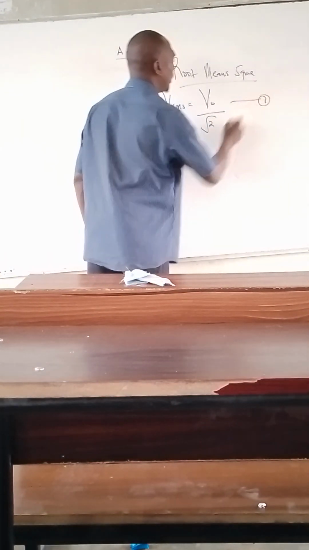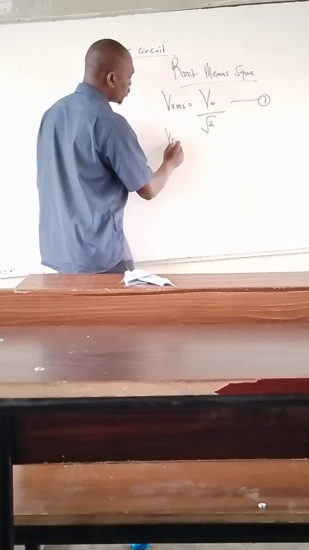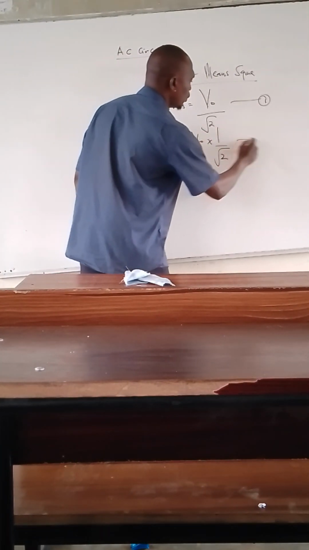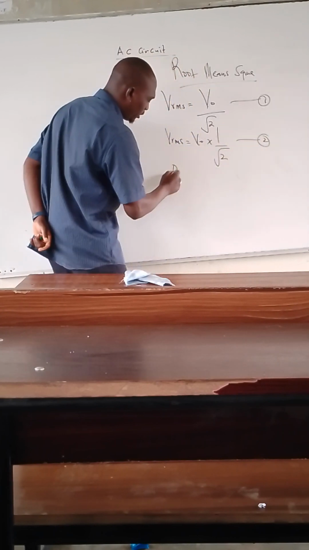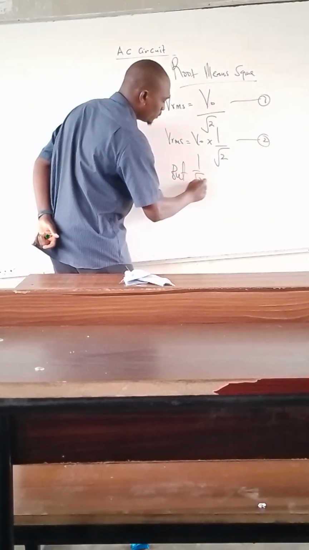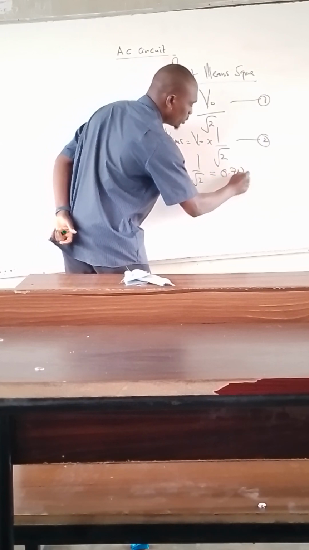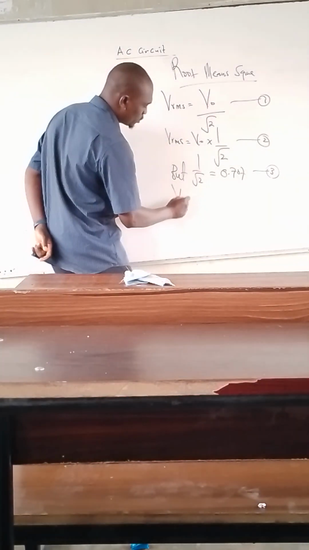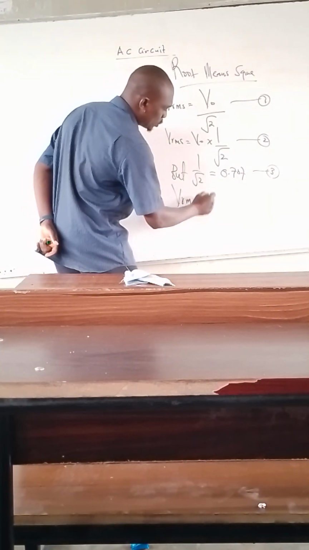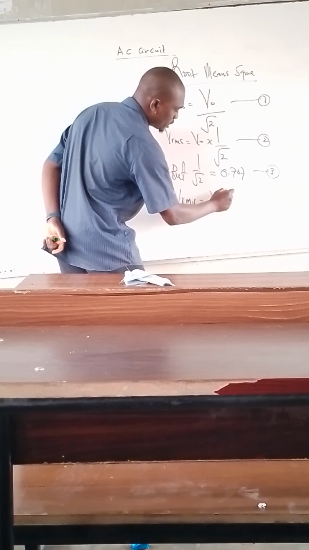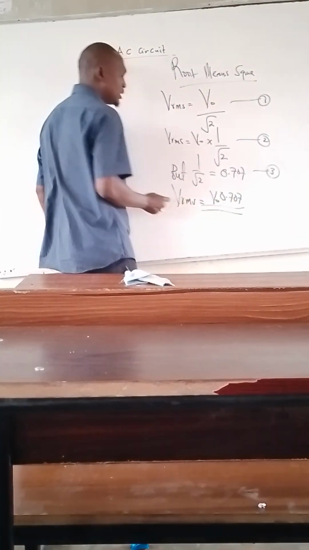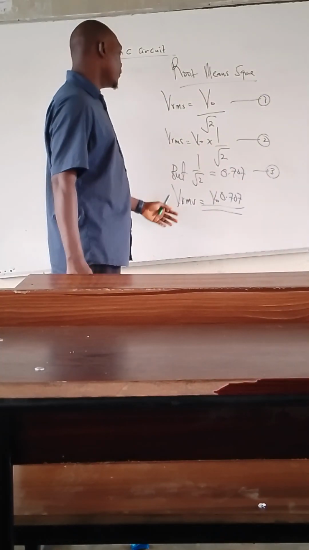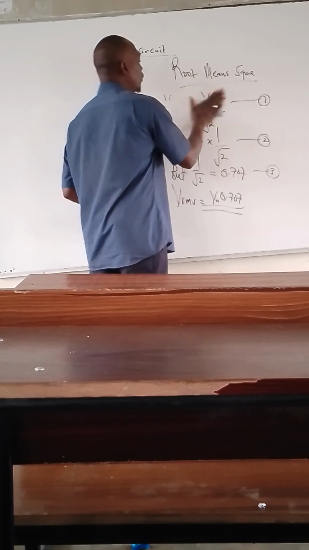We call it equation 1. And root mean square is the same thing as V naught times 1 over square root of 2. We call this equation 2. But 1 over square root of 2 is the same thing as 0.707. We call it equation 3. So here we have the root mean square voltage equal to V naught times 0.707. So that's how to get the root mean square voltage. Let's now go for root mean square current.